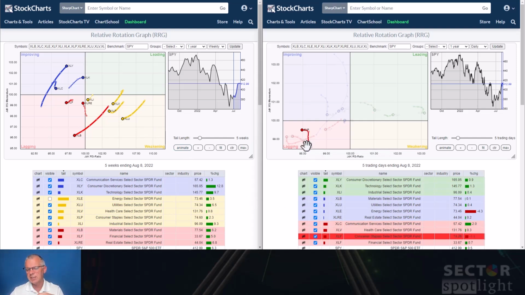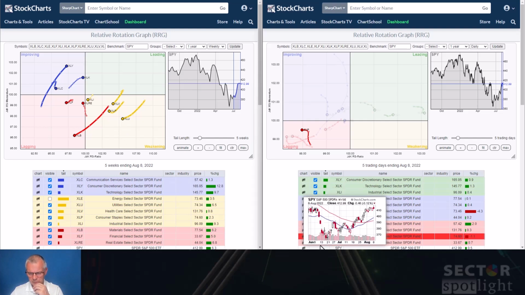You see that the tail is bending back to the left again on the daily RRG, pushing further into the lagging quadrant. And that's coinciding with what's happening on the weekly tail. It's leveling off here, but with that tail moving lower on the RS ratio scale, it's going to be very hard for that weekly tail to pick up relative strength. So 2 out of 3 defensive sectors look as if they need to go through more weakness in coming weeks.